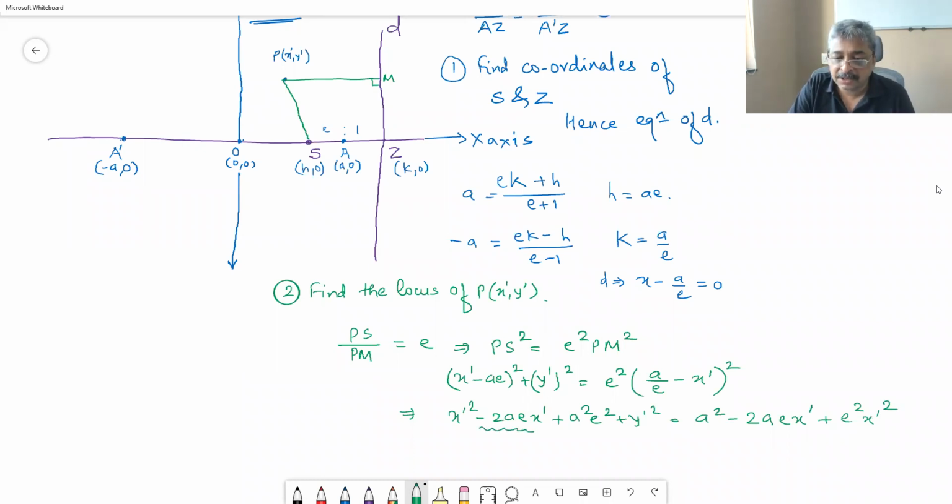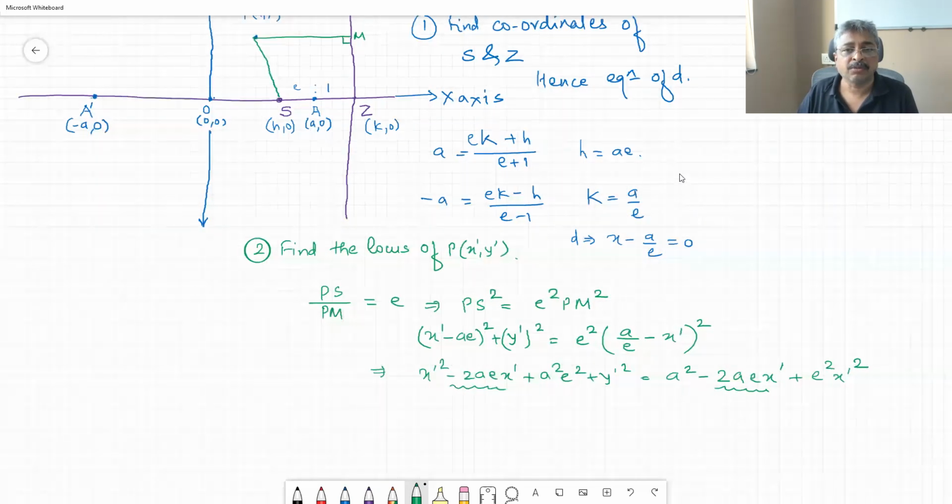We find that these terms are common, and if we take everything to the LHS, let us see what we can do best.